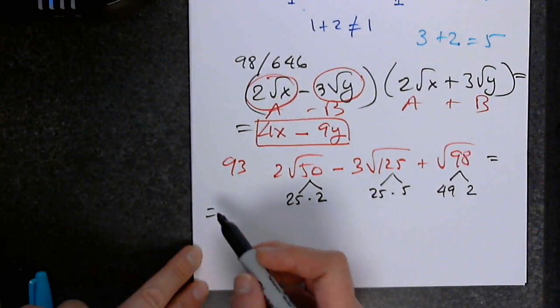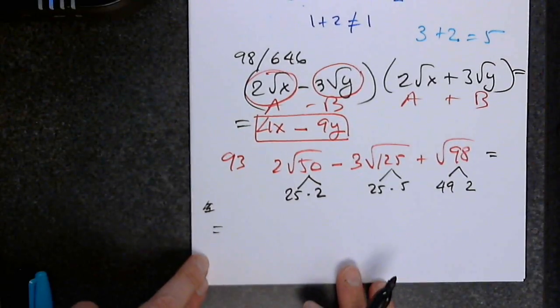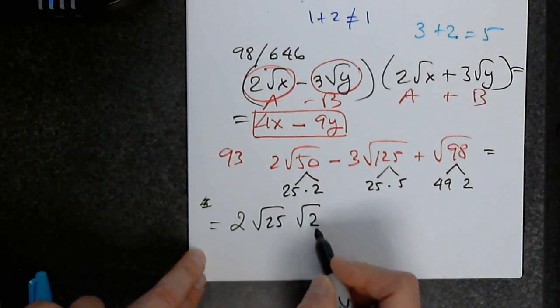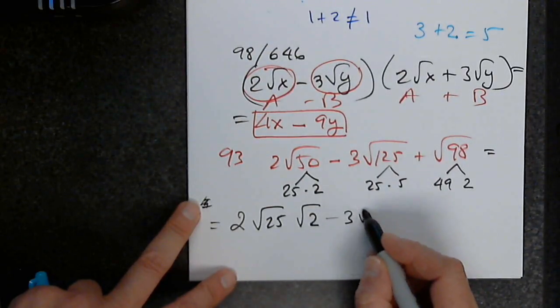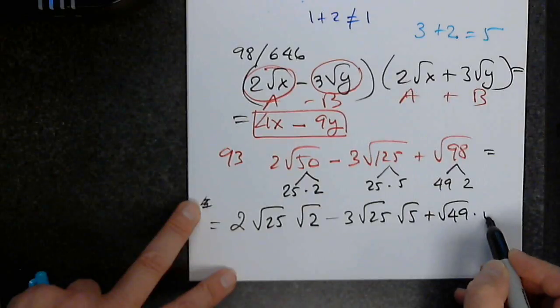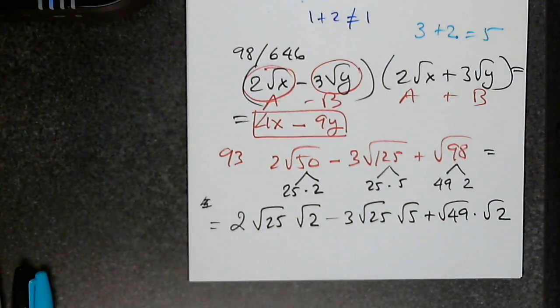If you want, you can rewrite this or write this next step, the intermediate step. 2 multiplied by the square root of 25 times the square root of 2, minus 3 times the square root of 25 times the square root of 5, plus the square root of 49 times the square root of 2. If this works better for you, or it's visual or helps you in coming up with the correct next step, please use it.